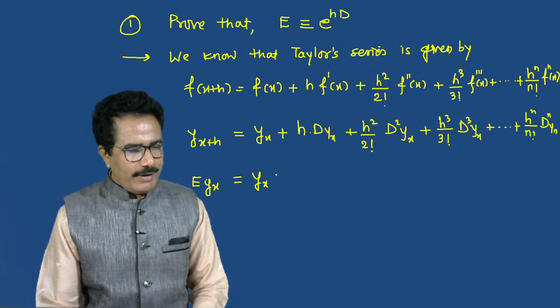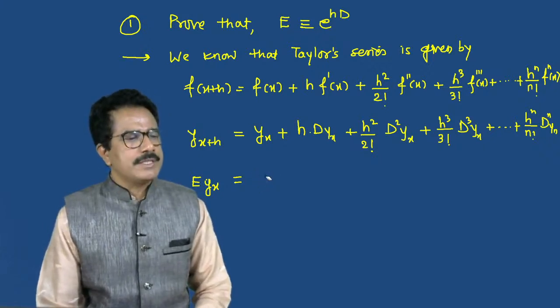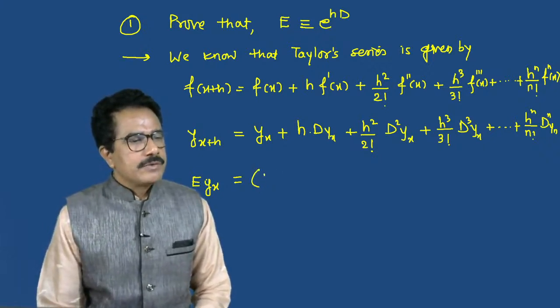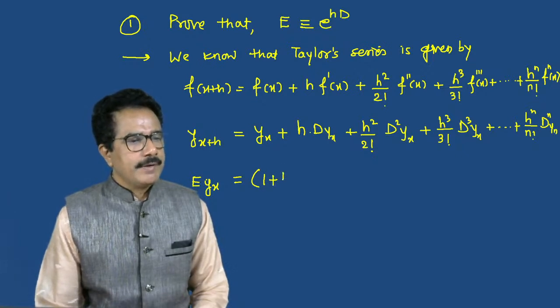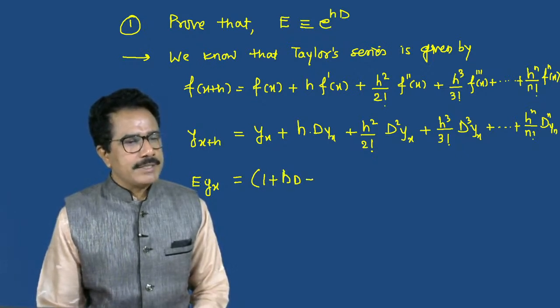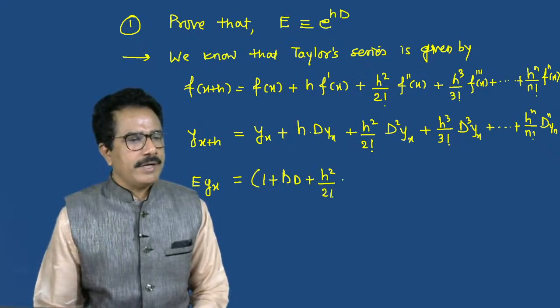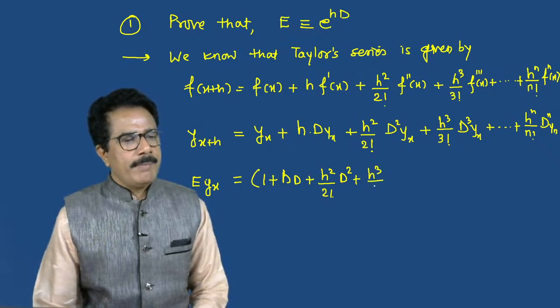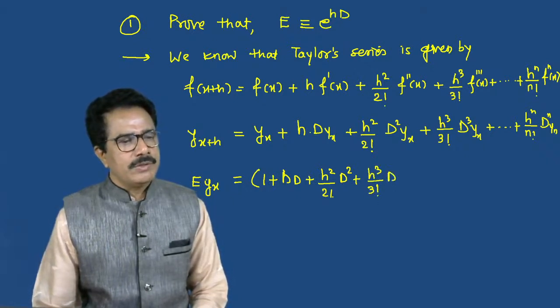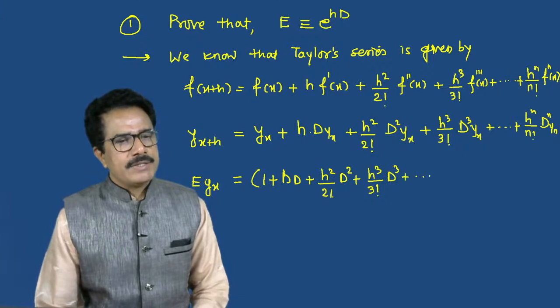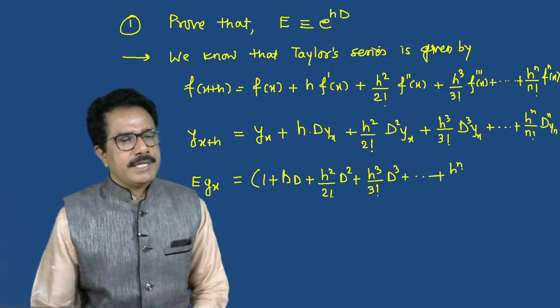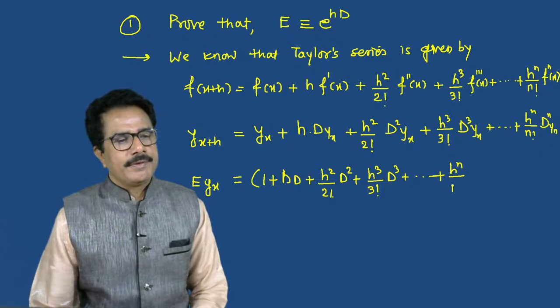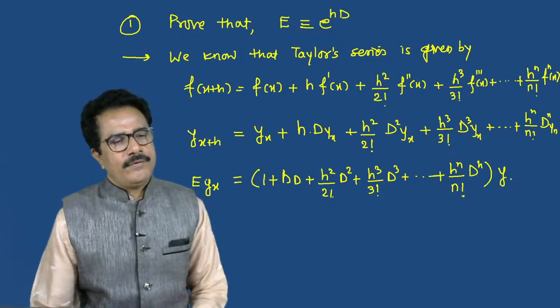You can take this y of x common also because the overall function is the same. So 1 plus hD plus h square upon 2 factorial into D square plus h cube upon 3 factorial into D cube plus dot dot dot h raised to n divided by n factorial D raised to n of y of x.